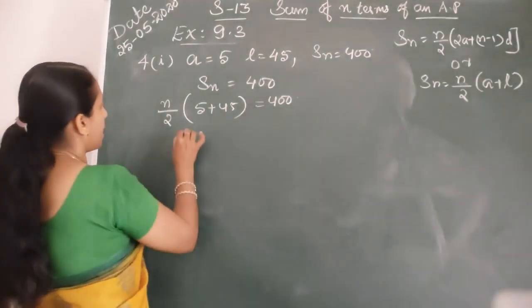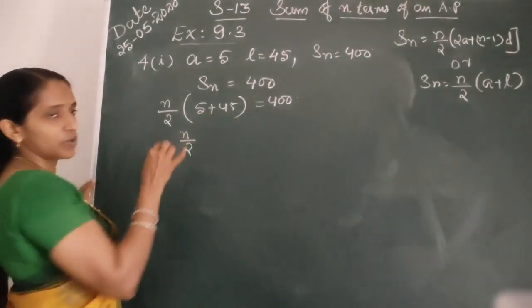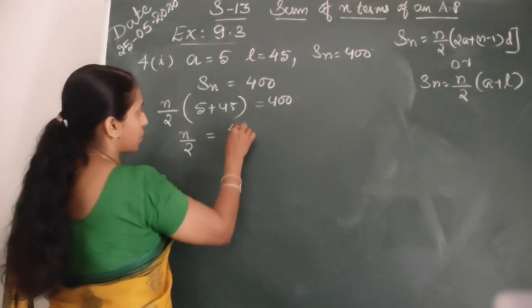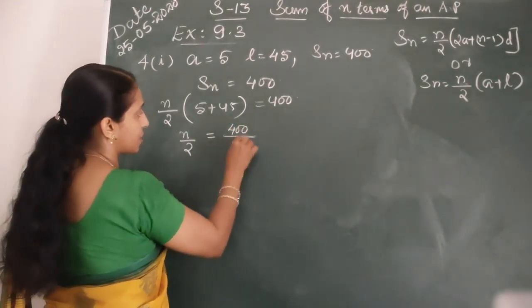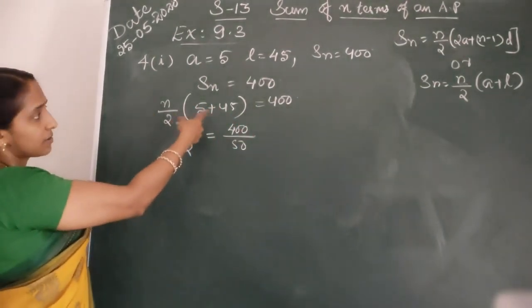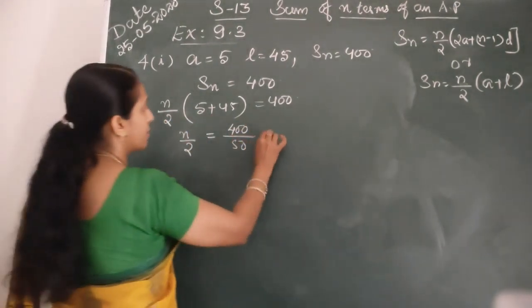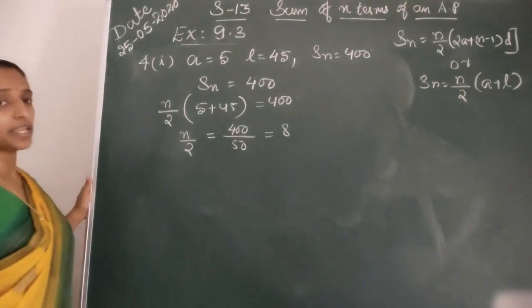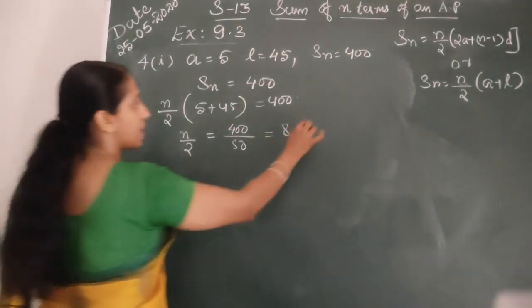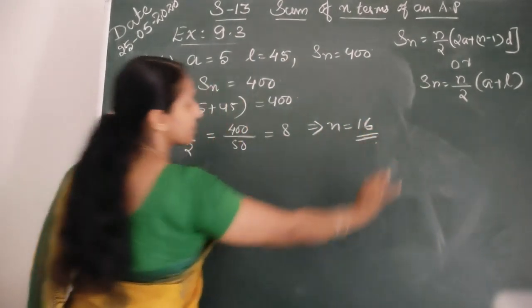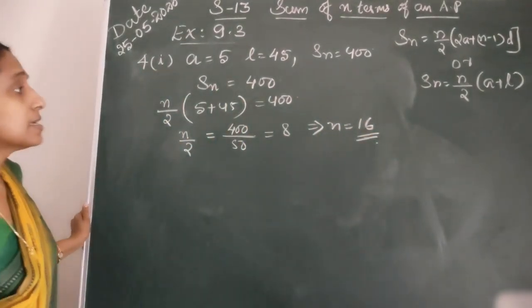And 5 plus 45 is 50. n by 2 will be equal to 400 divided by 50, because 50 is a multiplied term, comes here, dividing. So n by 2 equal to 8 implies n we are getting as 16.